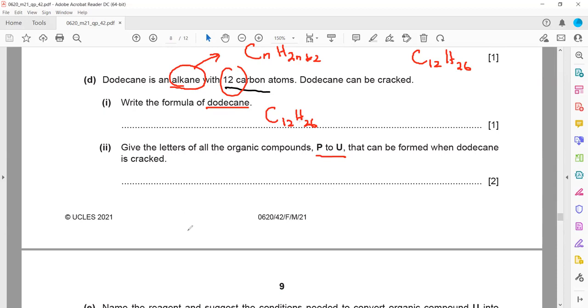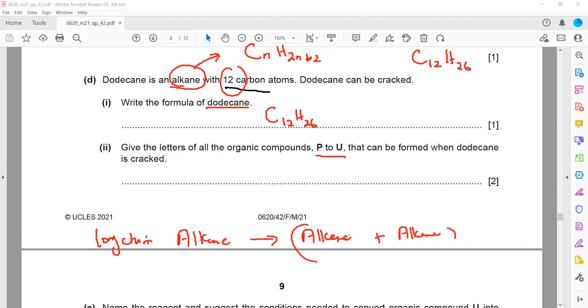Remember, we discussed this: whenever long chain alkanes are cracked, what will be the product? It can produce alkene, it can produce alkane. So these are the possible products of cracking.